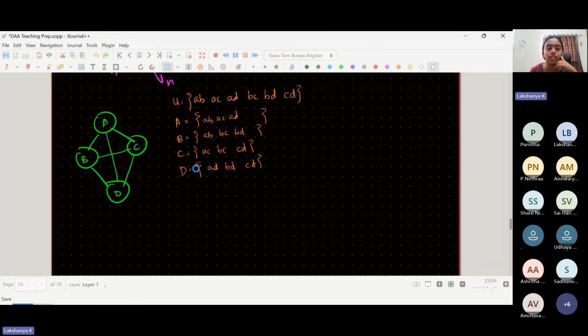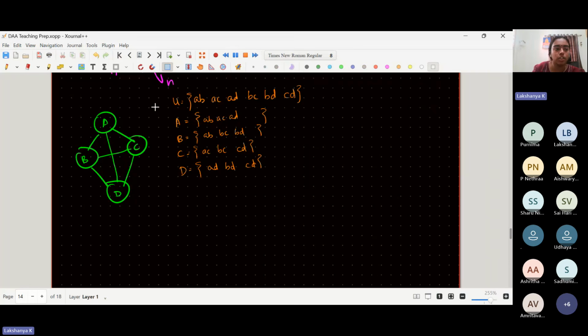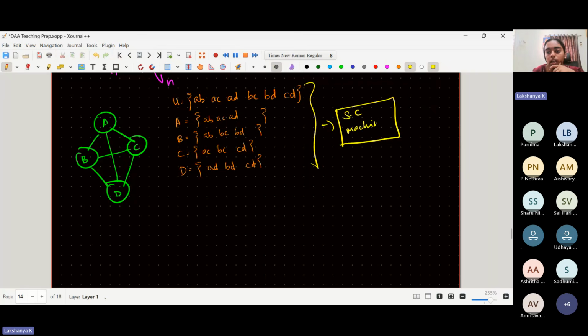Now this is my universe. These are my subsets. So now I have a universe and a bunch of subsets. I'll pass these to my machine. It is going to give me a few of these subsets such that all my edges are covered, right? So let's say I put all this in my set cover machine. Can you give me a sample output? What will it give for this case?